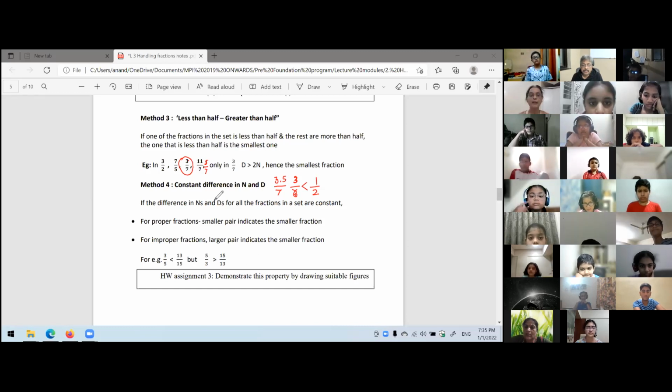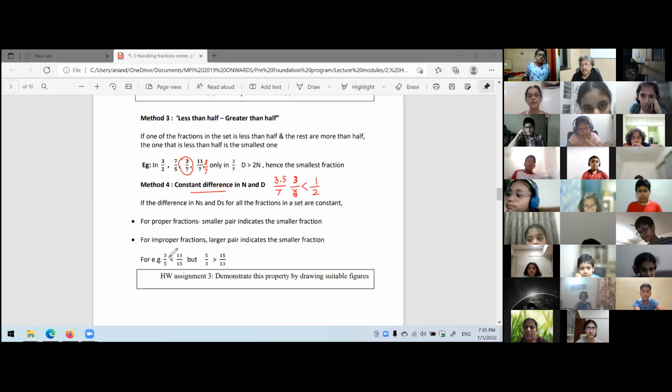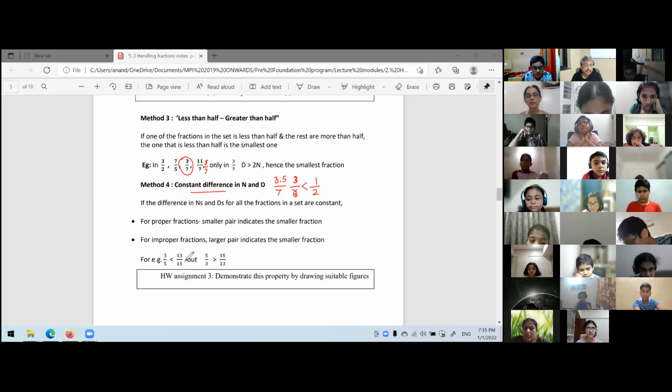Then one more way of quickly finding lesser or greater fractions is when the difference in the numerator and denominator is same. Look here, 3 and 5, difference is 2. 13 and 15, difference is 2.